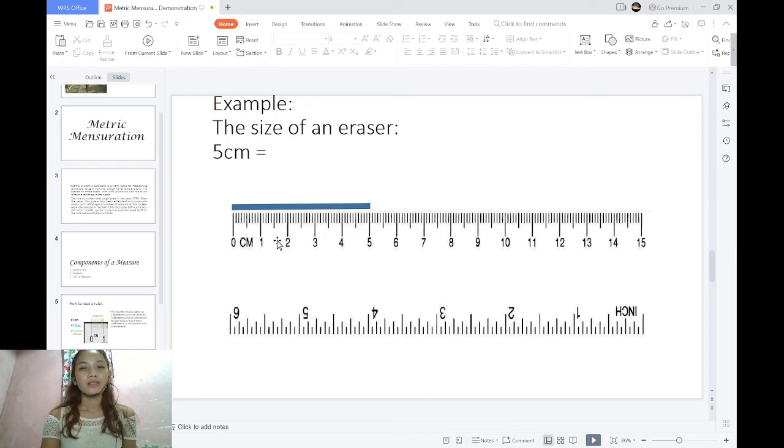How can we identify the millimeters? We have discovered now the centimeters of an eraser. How about millimeters?